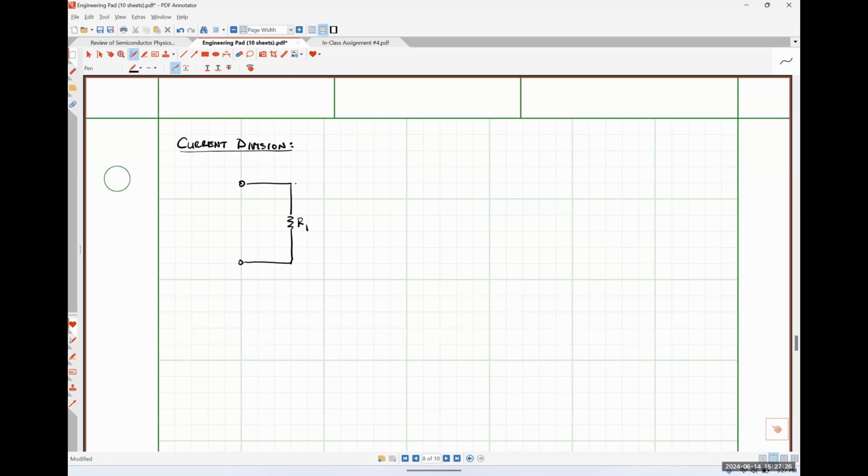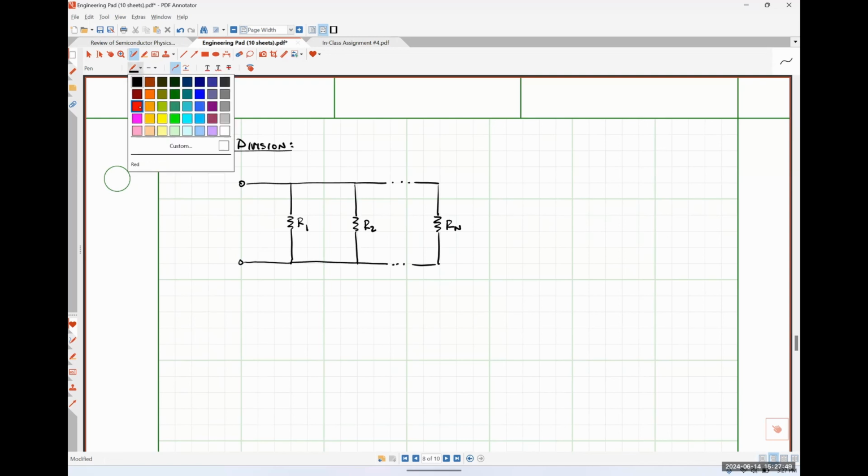So let's call this R1. R2. All the way out to some resistance R sub n, like so.